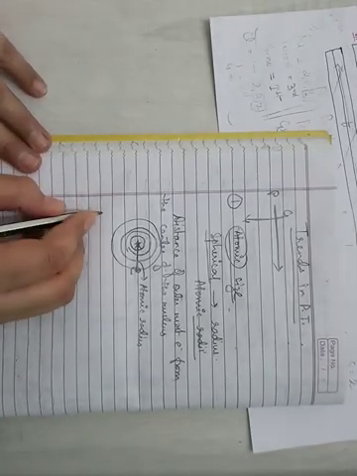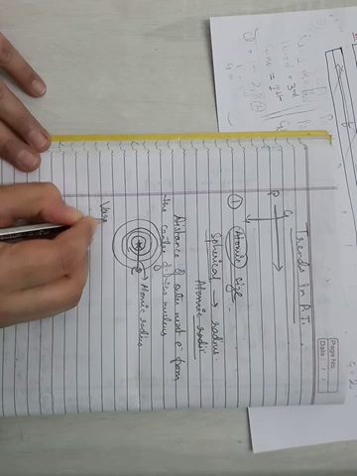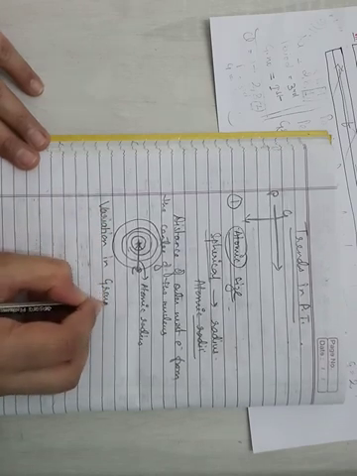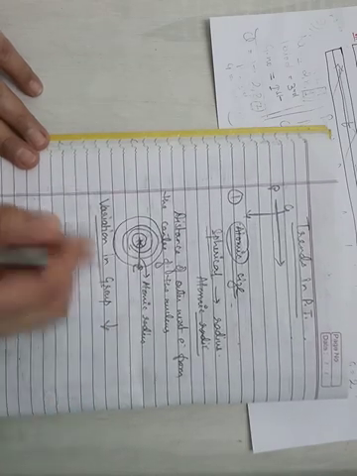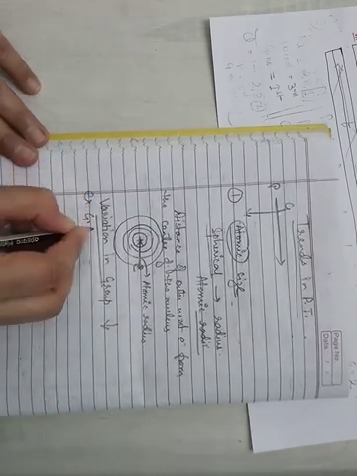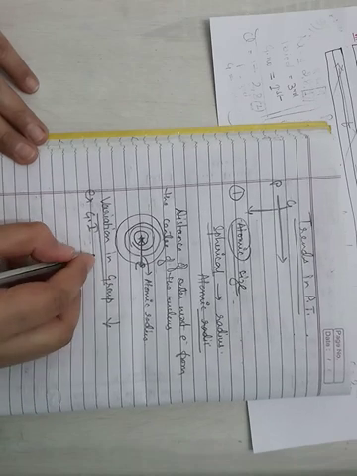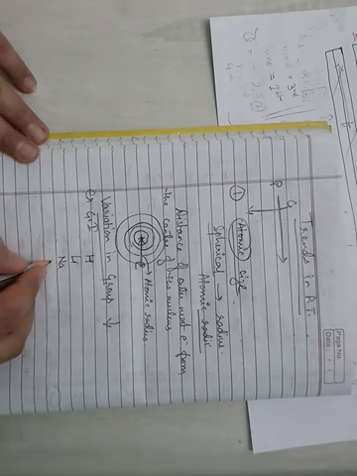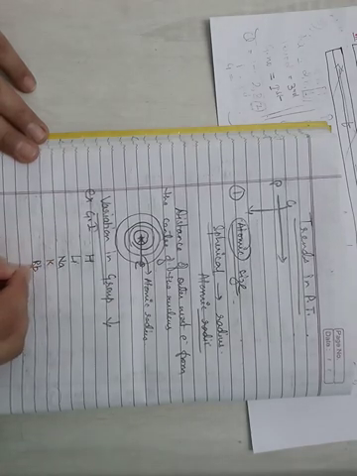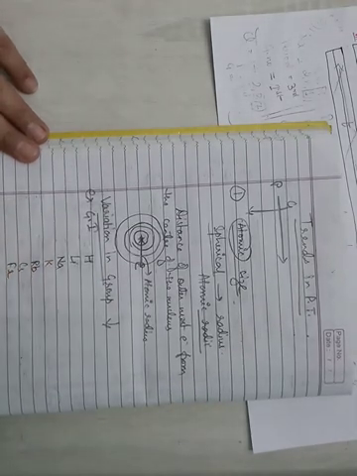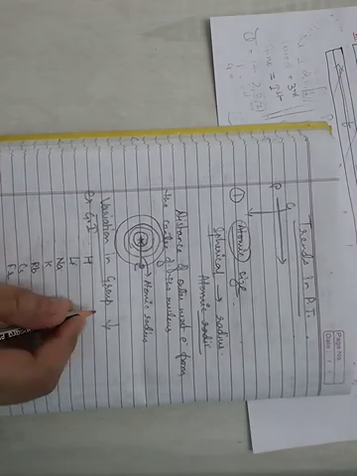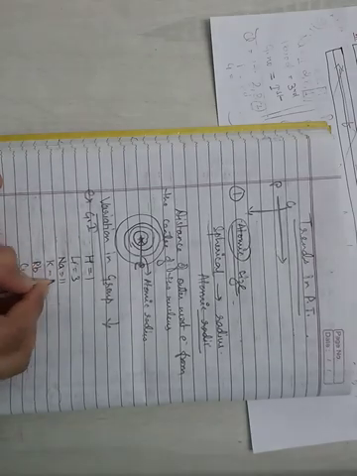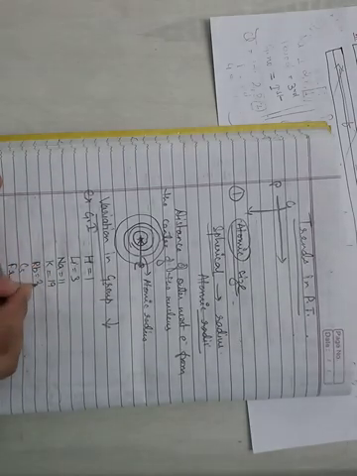Let us see how it varies in a group. Group means top to bottom. Let us take the example of group 1. There are elements like hydrogen, lithium, sodium, potassium, rubidium, cesium, francium, with atomic numbers 1, 3, 11, 19, 37 and so on.